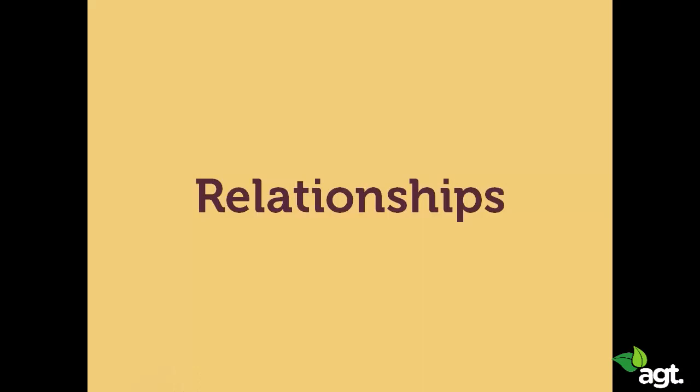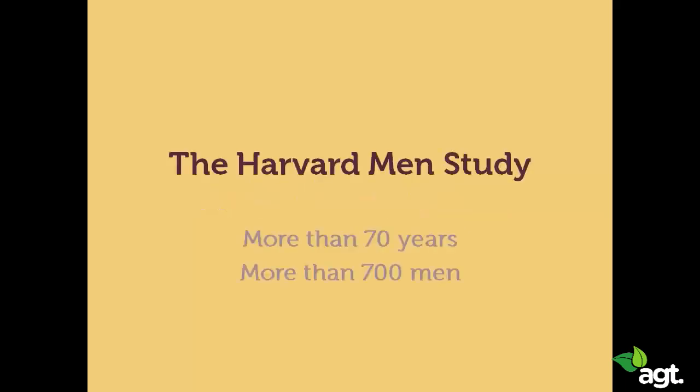We will start off this section by taking a closer look at another research study, the Harvard Men study. This is not just any study, but one of the longest running and most ambitious psychological studies of all time. The Harvard Men study ran over 75 years and followed young men from Harvard University and the city of Boston throughout their whole lives.